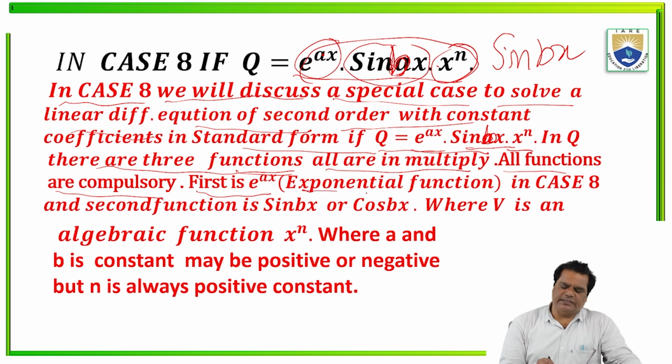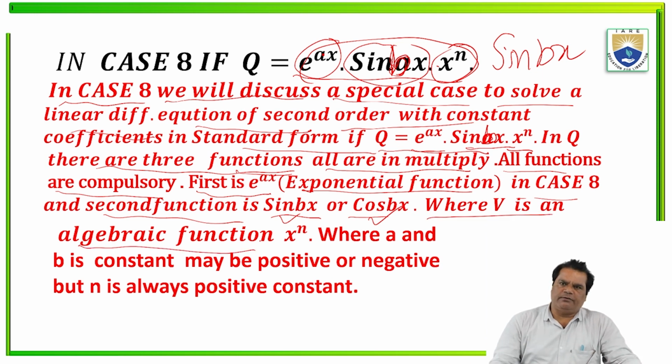In case 8, the first function is the exponential function, and the second function is sin bx or cos bx, maybe either one. The third is an algebraic function x to the power n, where a and b are constants that may be positive or negative.